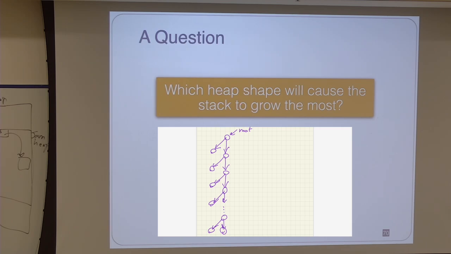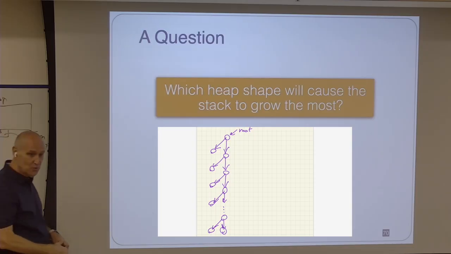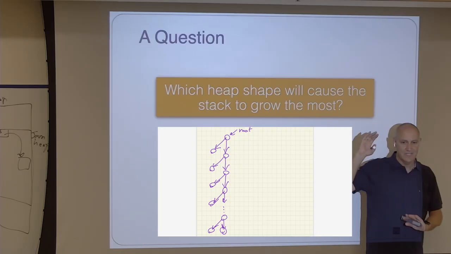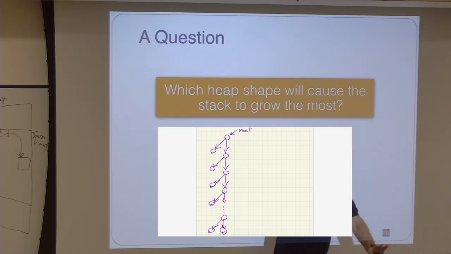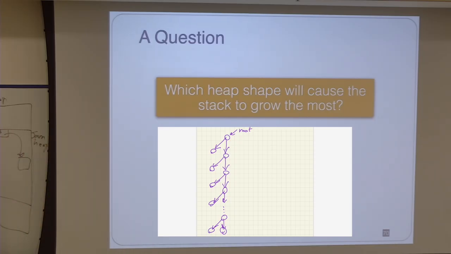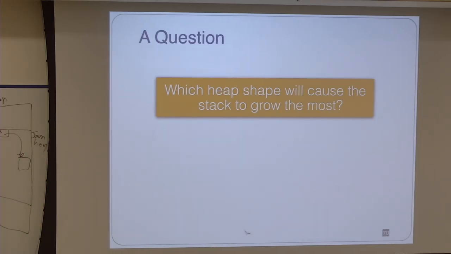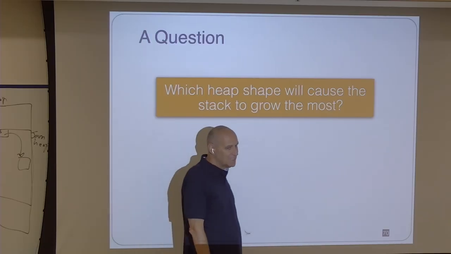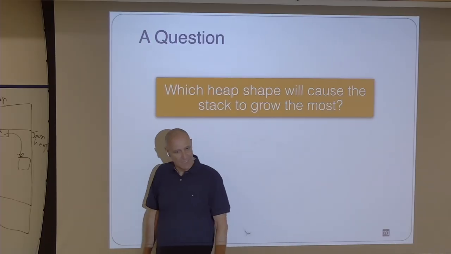I will push these two, leave this forever, and pop this, push this. And so half of the nodes are going to stay there, and the stack is going to contain half of the heap. This is a huge stack. If someone didn't do Java correctly, you can try to do mark sweep on this, and it will probably have a stack overflow. But I don't think anyone does it in real production.